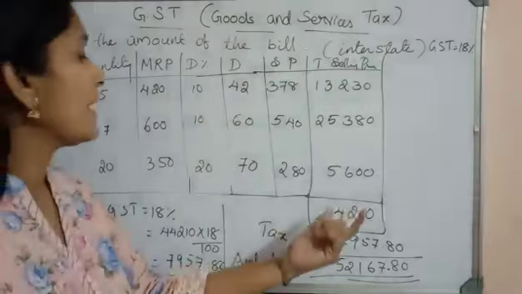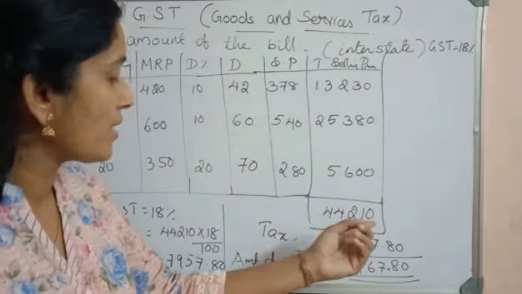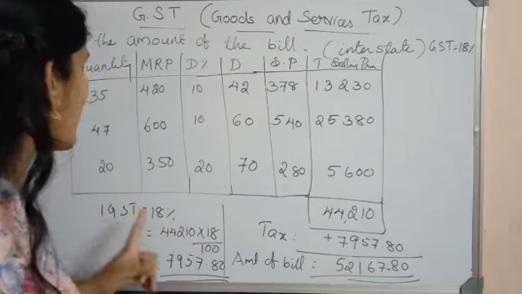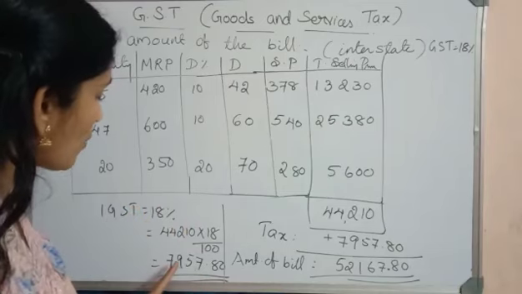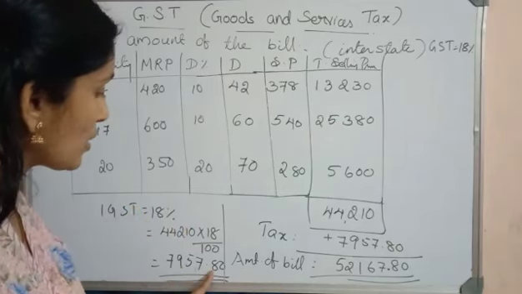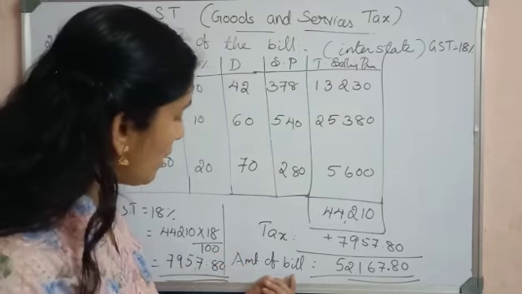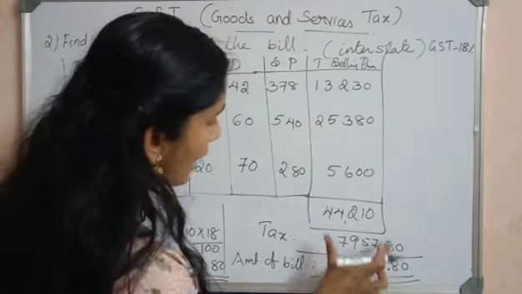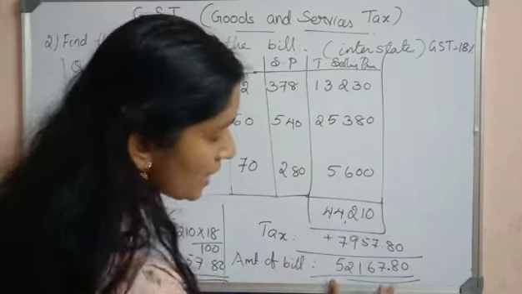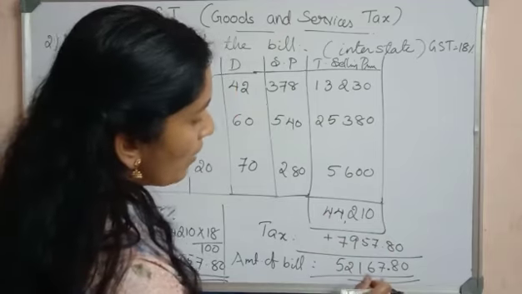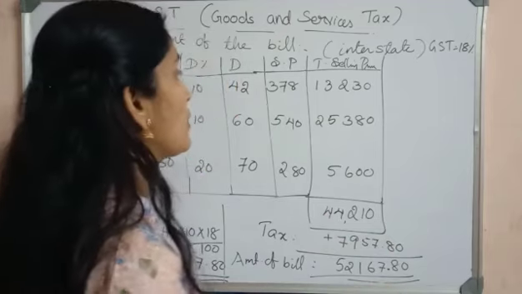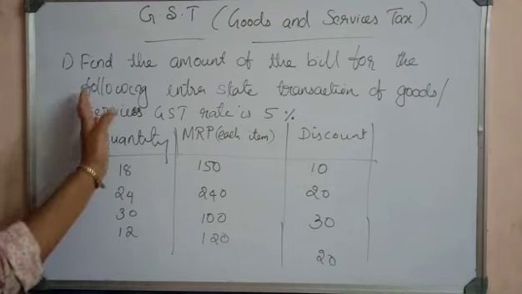So here the total selling price is 44,210, and the IGST tax at 18% we got as 7,957.80. So the amount of the bill is calculated by adding the tax to the total selling price, and that is the same as 52,167.80.